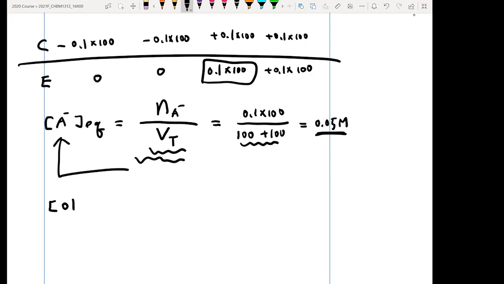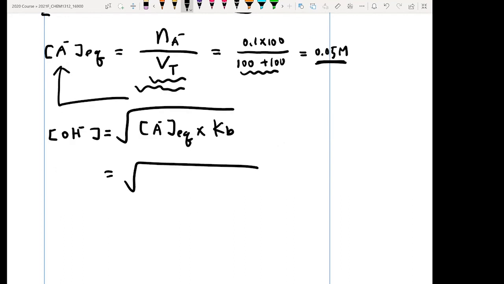Therefore, you can calculate your OH minus concentration, which equals the square root of your A minus concentration at equilibrium times your Kb. A minus concentration is 0.05. But do we have Kb? We don't. So to calculate your Kb, we know Ka times Kb equals 10 to the negative 14, and here we know your Ka is 1.76 times 10 to the negative 5.